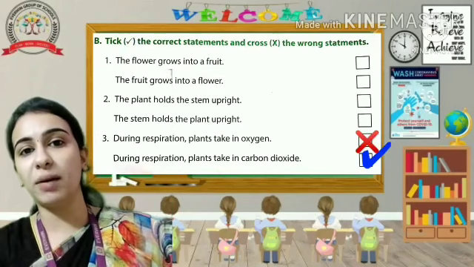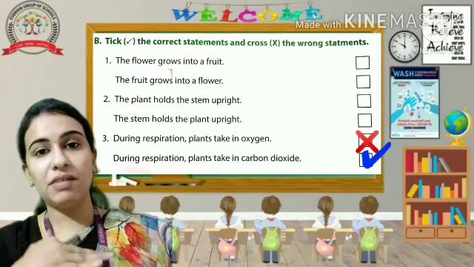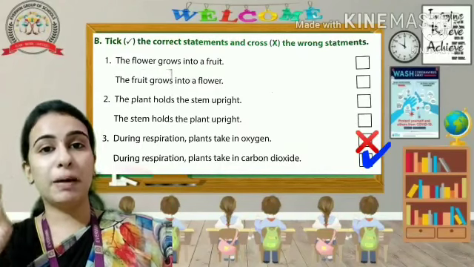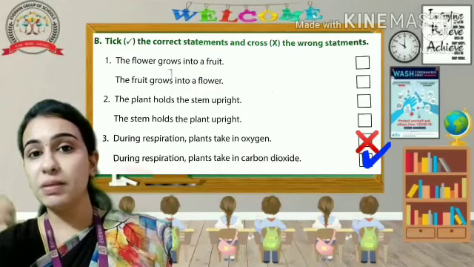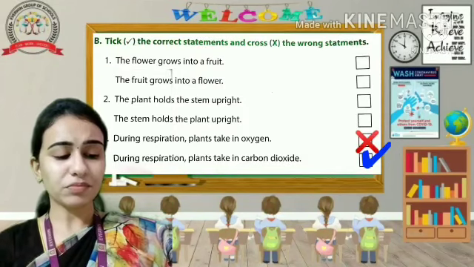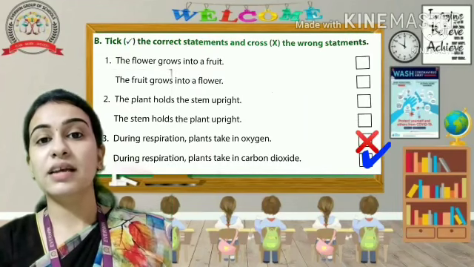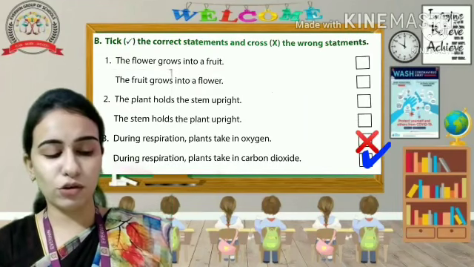Humans will take oxygen and give out carbon dioxide. But plants take up carbon dioxide and give out oxygen. So during respiration, plants take in oxygen. The statement is wrong.